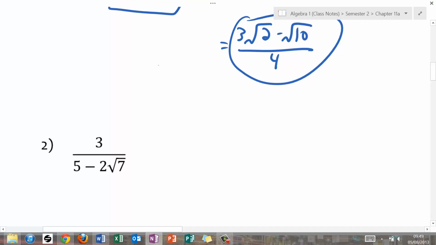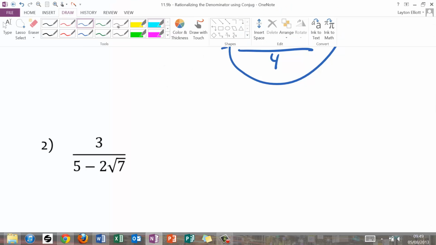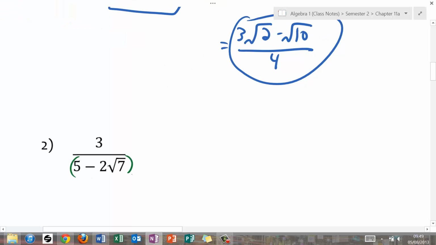Let's try number 2. We can't rationalize by just multiplying by the radical 7, because that minus sign is just going to create this game of constantly multiplying by radical 7 and having it distribute and never getting rid of it. So what you need to look for is, okay, the denominator is a binomial, two terms, there's a plus or minus, and that means that when you rationalize, you're going to have to multiply by the conjugate.